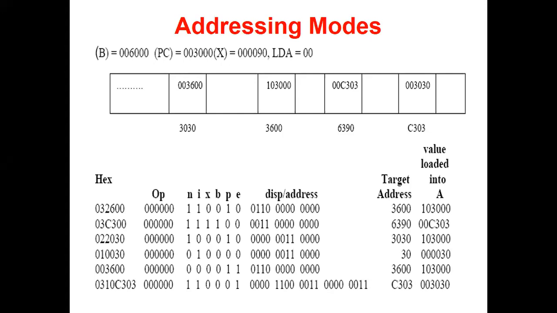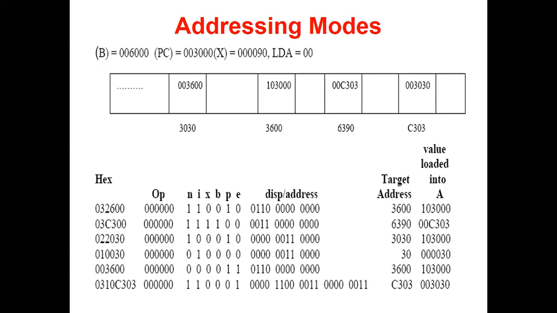Example number 4, rather. Here it says the target address is 30.